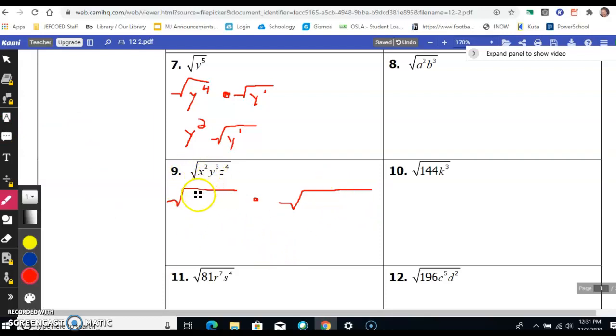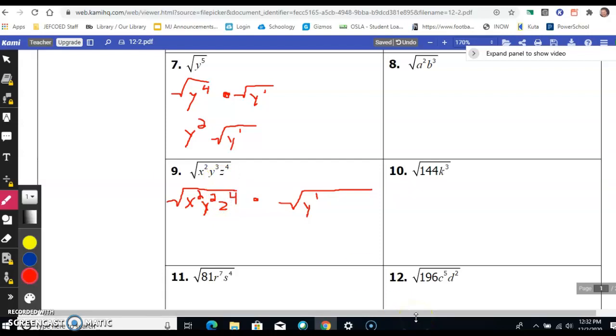So x squared, we said we could take the square root of it, so it's going to go in the column of yes. Y to the 3rd, we have to split it like we talked about. So we're going to take one of those away. So y to the 1 is going to go in this column, and what's going to go in the solve column? Y to the 2. Okay, now we're going to go z to the 4th, and z to the 4th is going to go in the solve column.